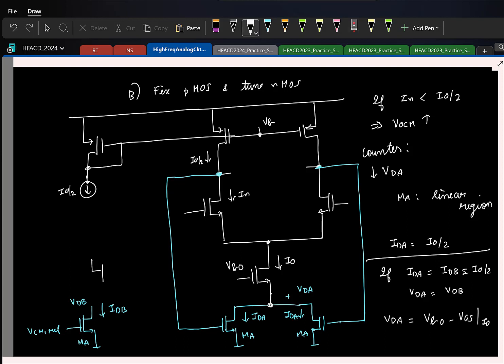If I take an nMOS, say an identical nMOS, of course there is a small catch. The current flowing here is I0, so what should I change? I should change the width. So if this has a width of W by L, what should be the width of this transistor?